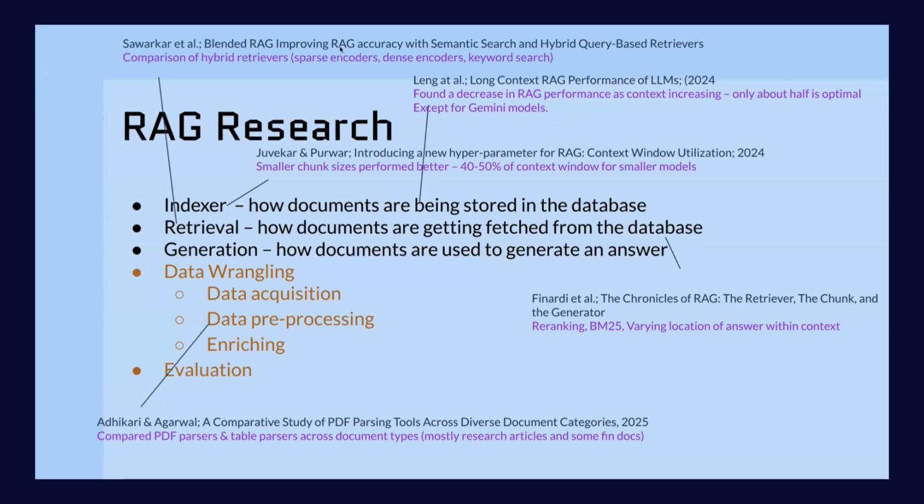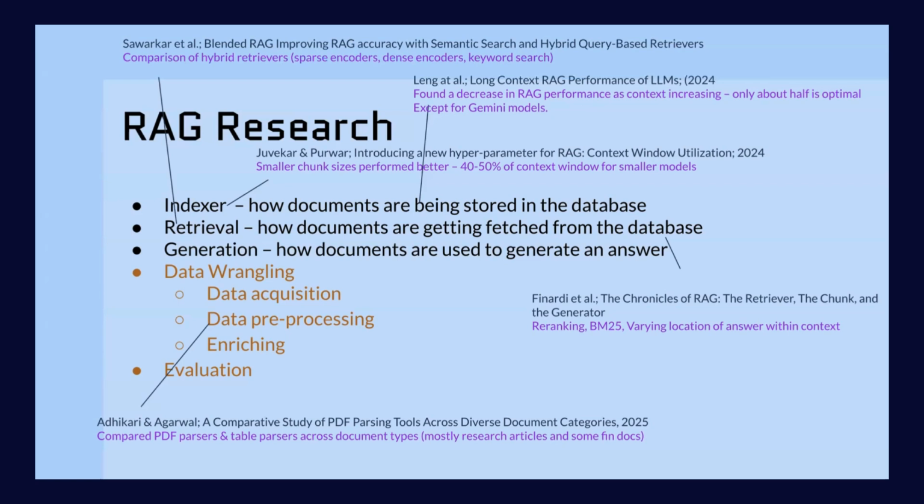More on the retriever. This paper, Blended RAG: improving RAG accuracy with semantic search and hybrid queries, did a comparison between all the different retrievers. They did sparse encoder retrievers, dense encoder retrievers, and then basic keyword search. They found there was no one best solution.